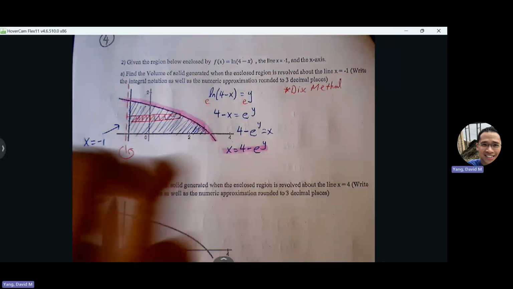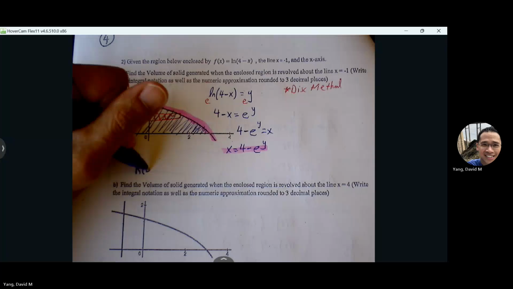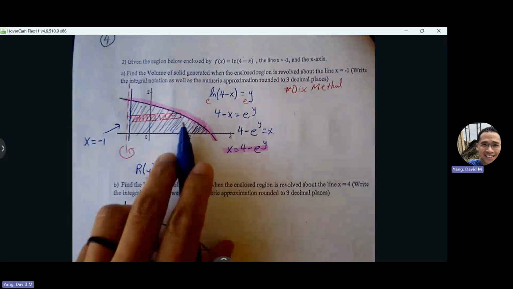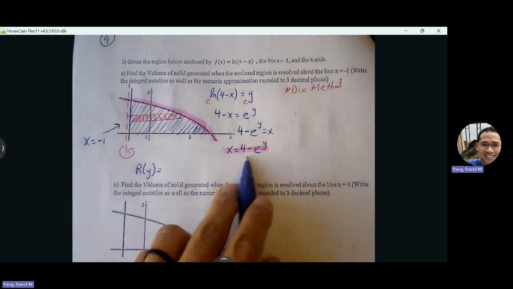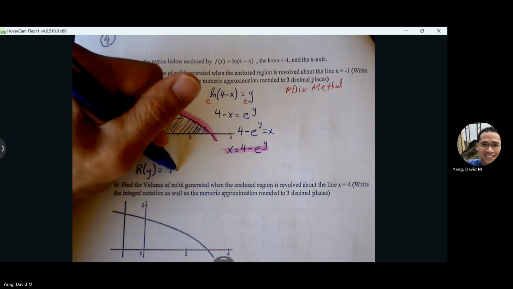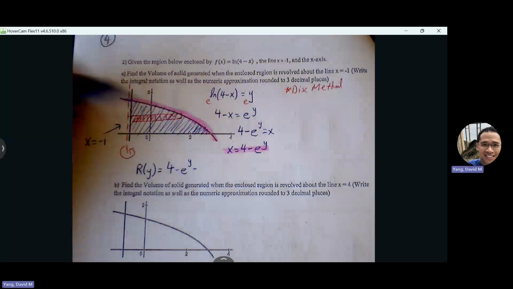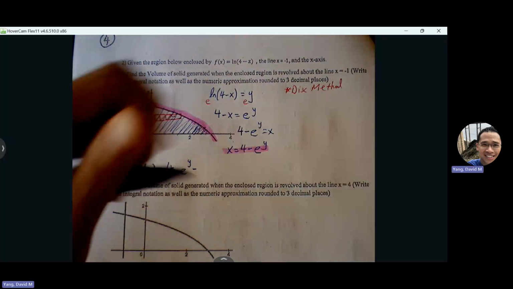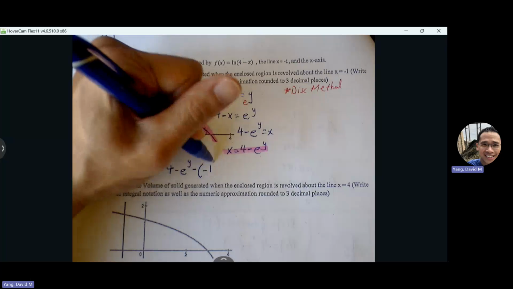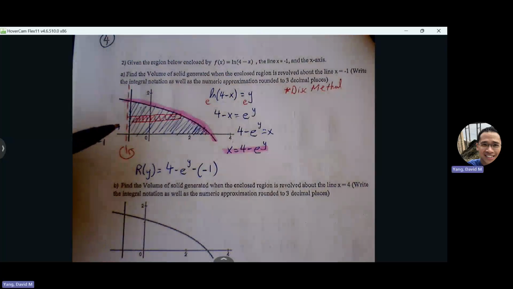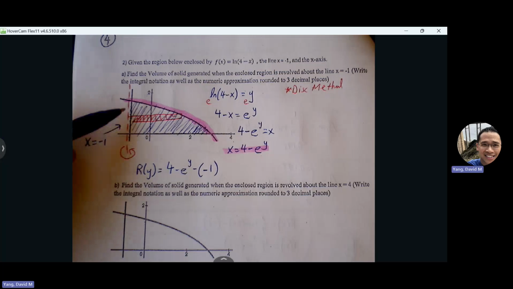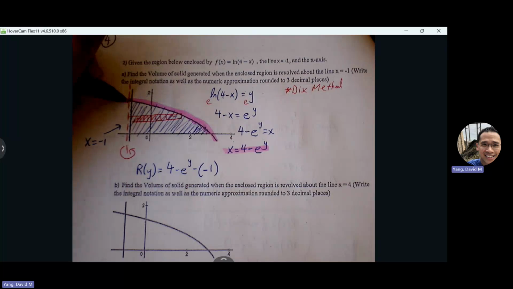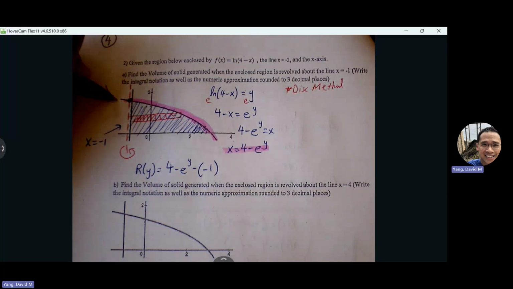So we know our radius is right minus left. Right endpoint is sitting on the 4 minus e to the y. The left endpoint is sitting on the -1, so careful, minus the -1, that'll end up being positive. And then we're stacking these horizontal circular discs from the lowest y value to the highest y value. Lowest y value is just going to be 0. The highest y value is going to be wherever that ordered pair is.